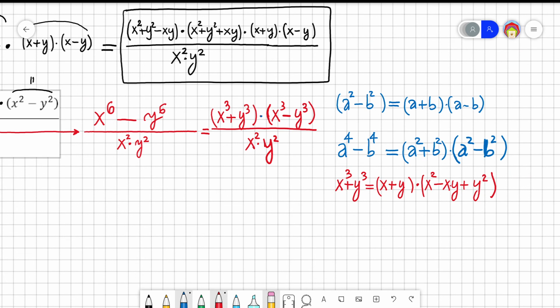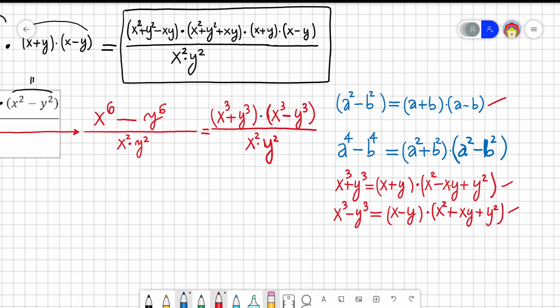And the same thing you can do for the difference of cubes. So that's going to be x minus y, and now you times x squared plus xy plus y squared. This is a formula you need to know.